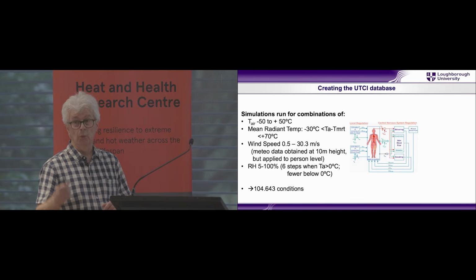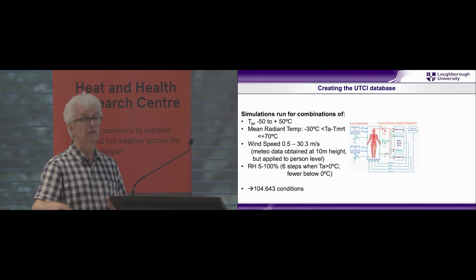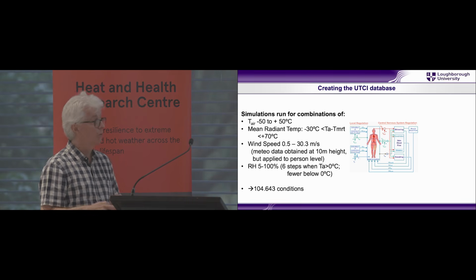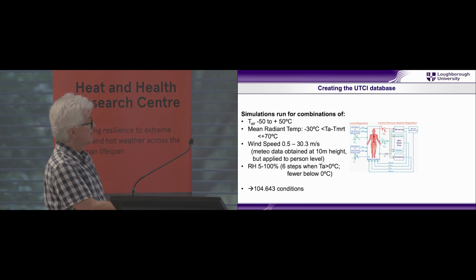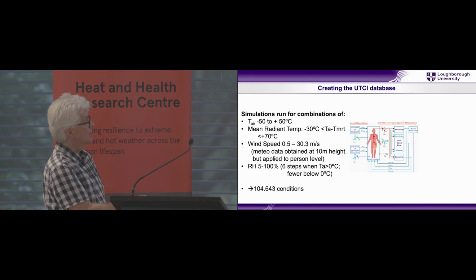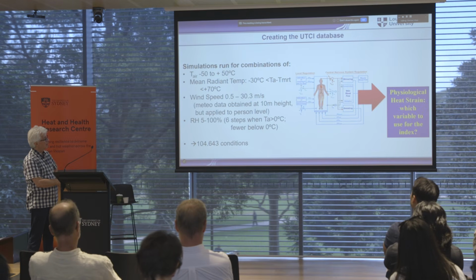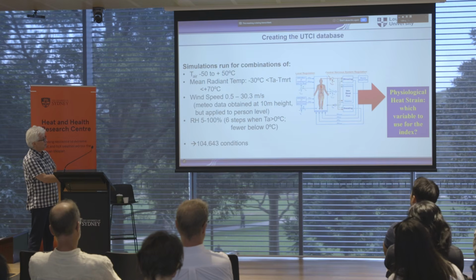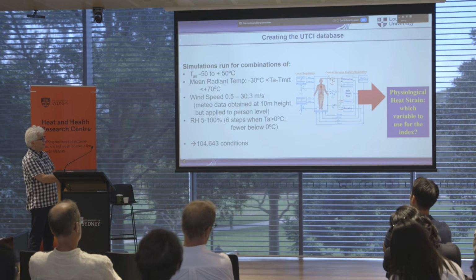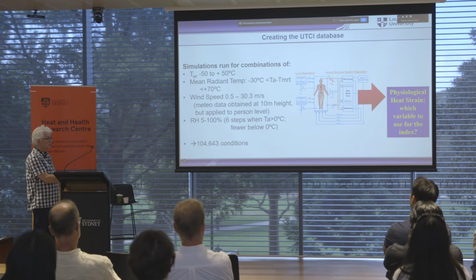So if you have a wind speed you measure at the height of the person, unfortunately you have to bring it first to 10 meters for the model. And then humidity in lots of different steps. Below 0, we reduced the number of steps because humidity becomes less important, and that was over 100,000 conditions to calculate. So physiological heat strain, temperature, core temperature, skin temperature, etc.